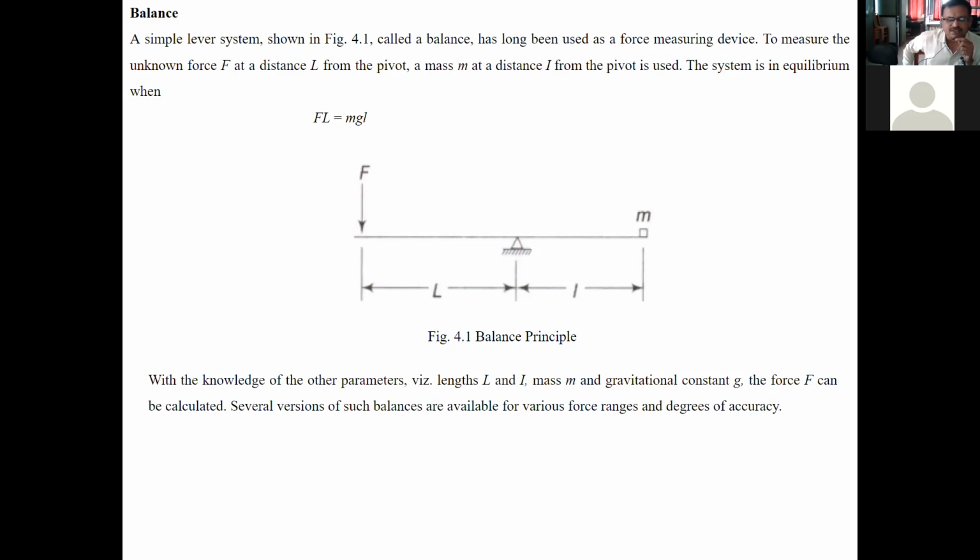The system is in equilibrium when FL is equal to mgl. With the knowledge of the other parameters, length L, capital L and small l, mass M, and gravitational constant g, the force F can be calculated. Several versions of such balances are available for various force ranges and degrees of accuracy.